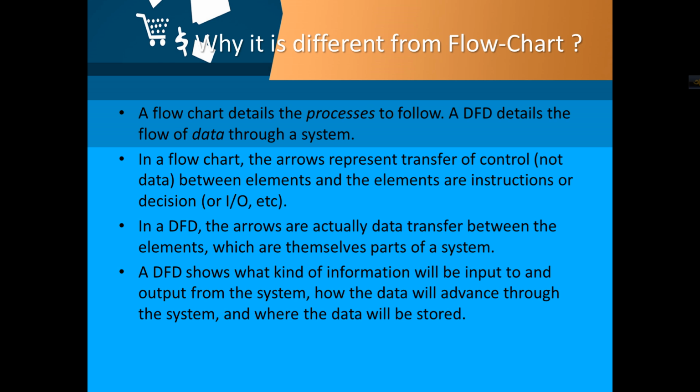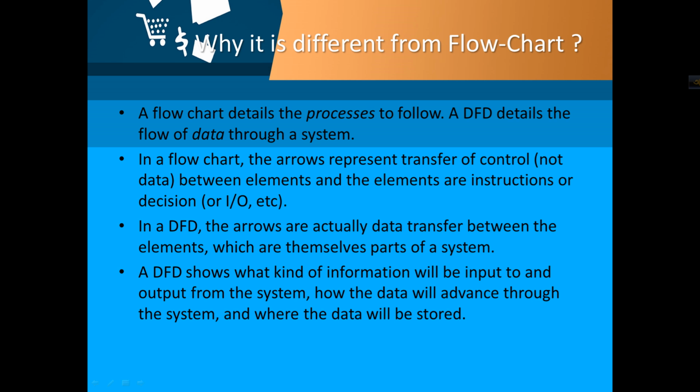It is like, I am at the login option and then I am going to my home page, something like that. Not if I put my data in the registration page and it will be saved in the database. The DFD will show the database where the data is flowing, not the flowchart.